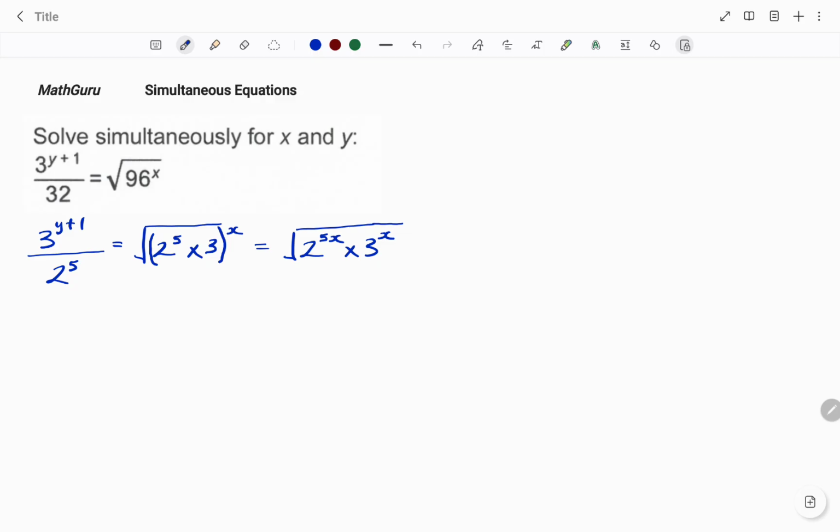Rewriting that as a linear equation, I have 3 to the power of y plus 1 times 2 to the power of negative 5 equals, on the right hand side, I'm going to change my root sign, that's converting my surd to exponential form. So that means I have 2 to the power of 5x divided by 2 times 3 to the power of x divided by 2.